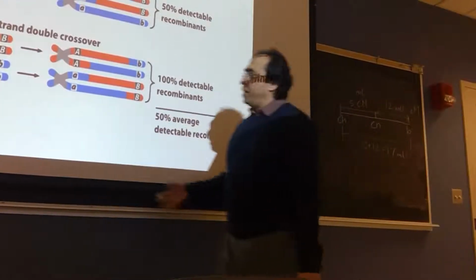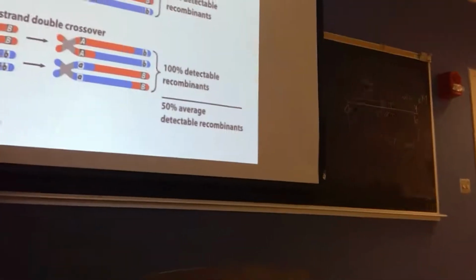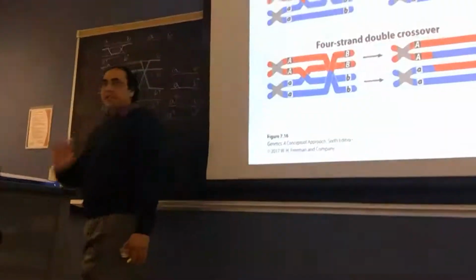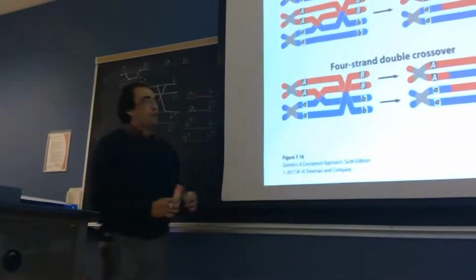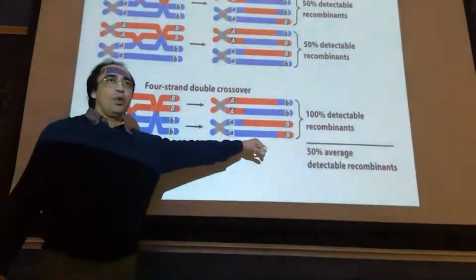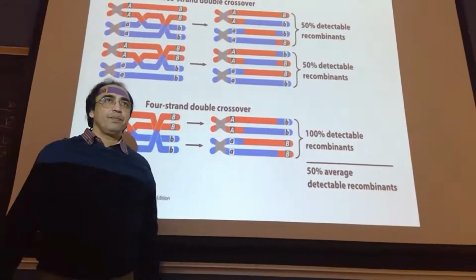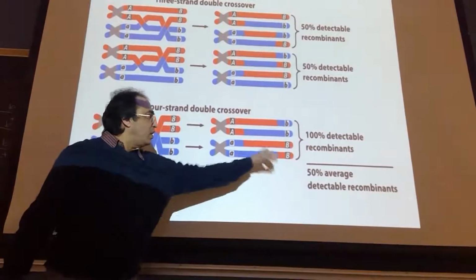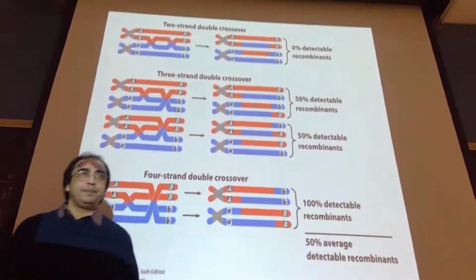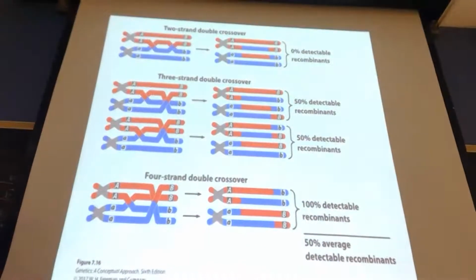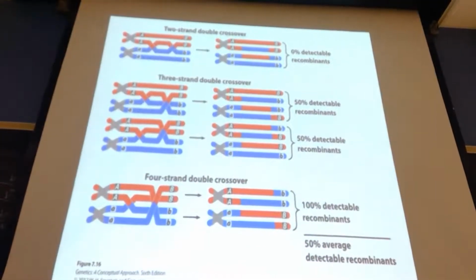And if we have four-strand crossovers, then 100% is recombinant. All the four strands are involved, so there is no way that the original condition is retained here. Okay? There is always a chance they will have the recombinant types. And this is four-strand crossovers. But what is the importance of that?